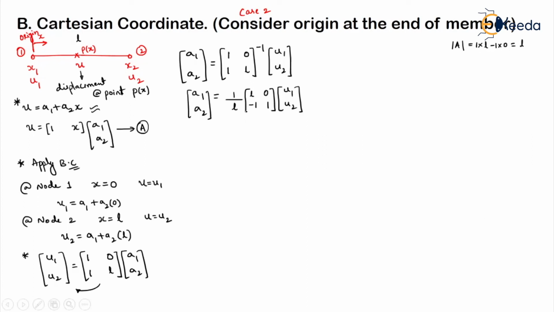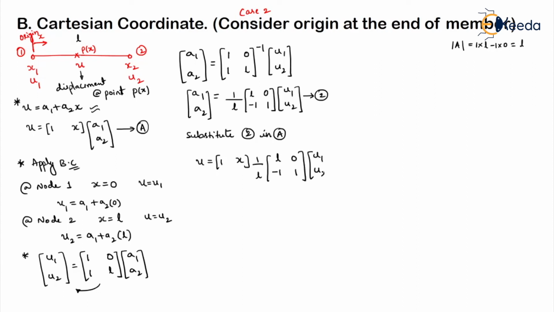Now what will we do? We'll call this equation 2. Right, now substitute 2 in A. What will happen if you substitute 2 in A? u equals [1 minus x, x] into 1 by L, [L 0; minus 1 1] into your [u1, u2].